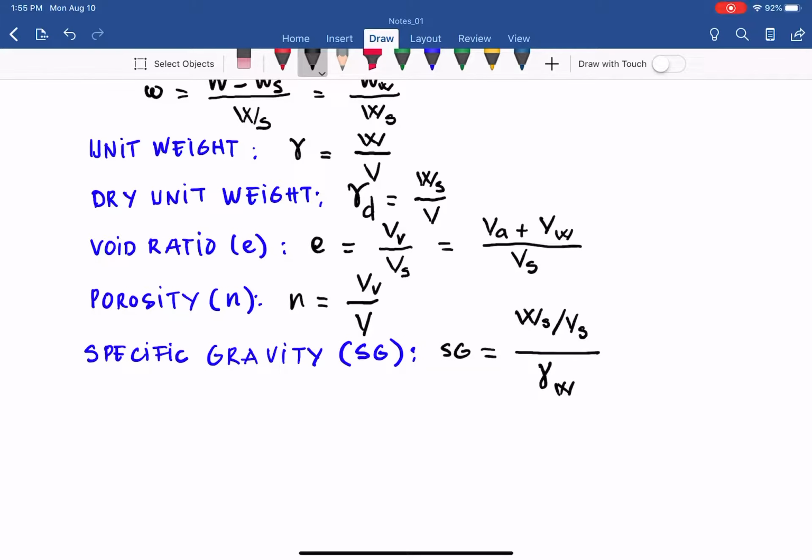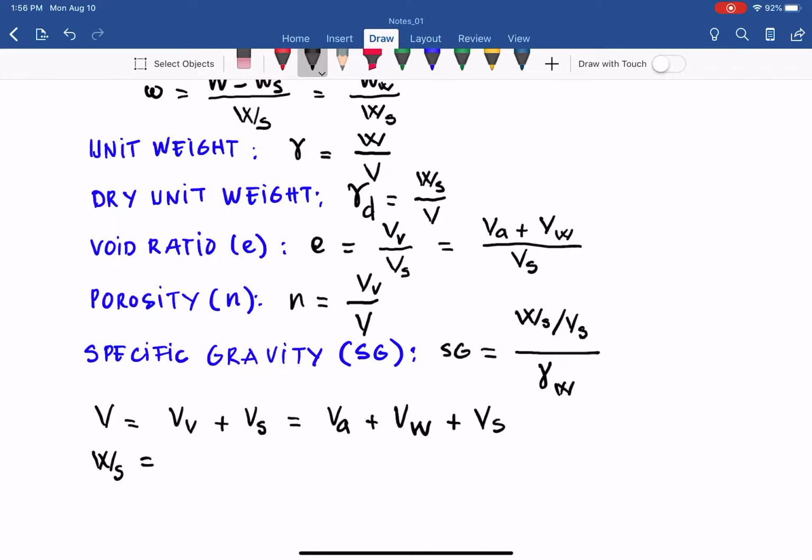And of course, we can go ahead and write out some other equations that we were just talking about. V equals Vv plus Vs, solid, or equals Va plus volume of water, plus volume of solid. And we have the weight of the solid.